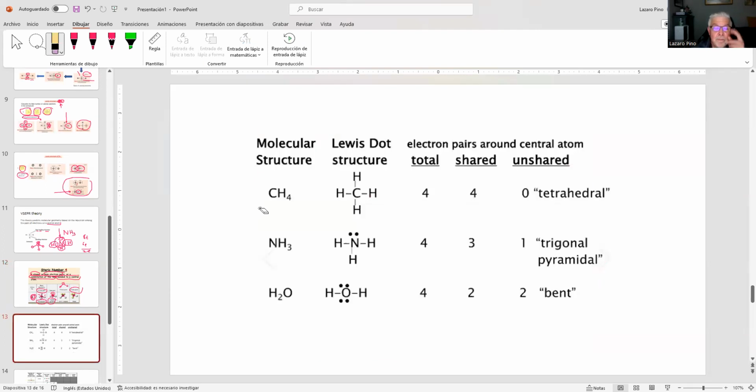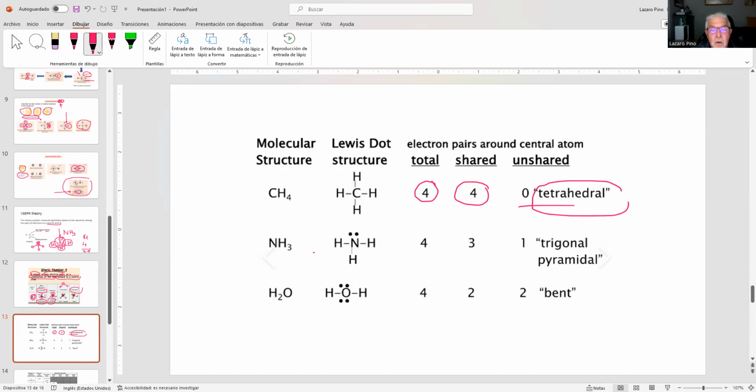Here you have the example for CH4. It has 4 groups of electrons, and all the electrons are shared, no lone pair, so it's tetrahedral.